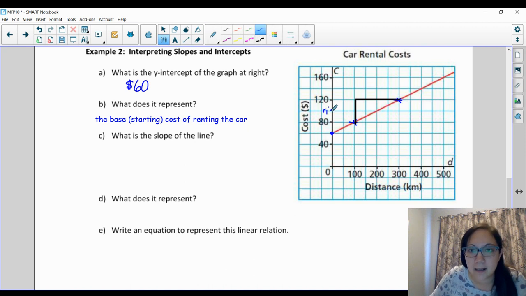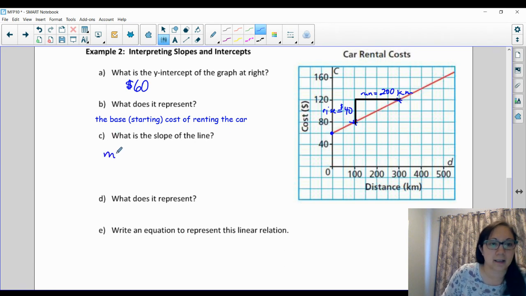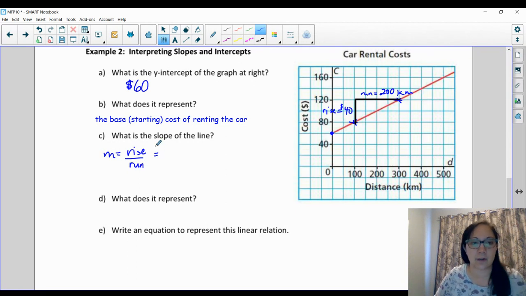So the rise here is 2 squares. We went from 80 to 120. So it was $40 of rise. The run was going from 100 to 300. So that was a 200 kilometer run. So when we calculate the slope, and I'm going to use M for slope this time just to show that M is the letter we can use for slope.